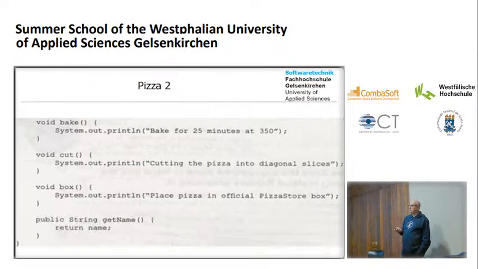So we bake for 25 minutes. No, it's not Celsius, it's Fahrenheit. Different measures of temperature. We have a cut, diagonal slices, box, and pizza store box. And then we return the name and it's ready.